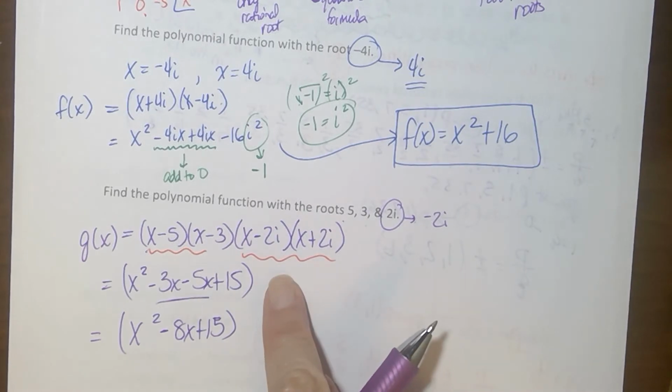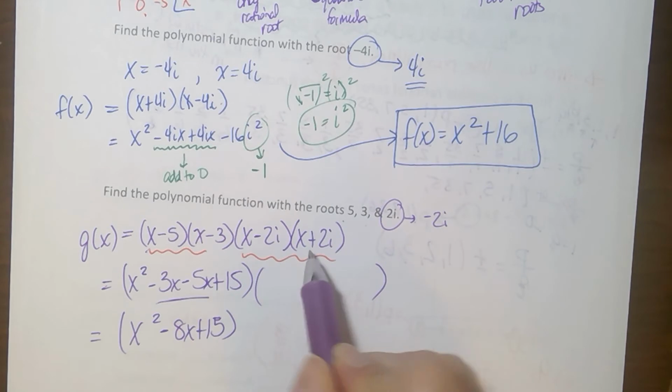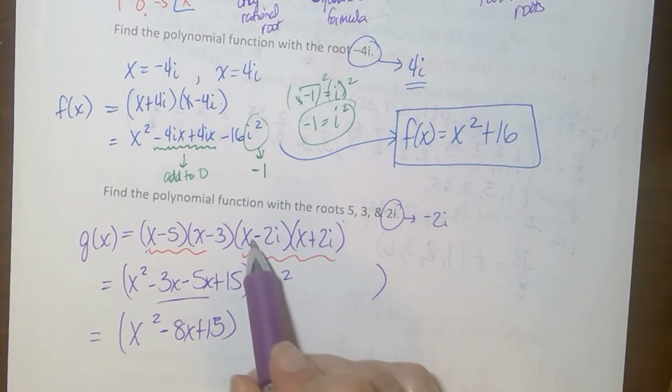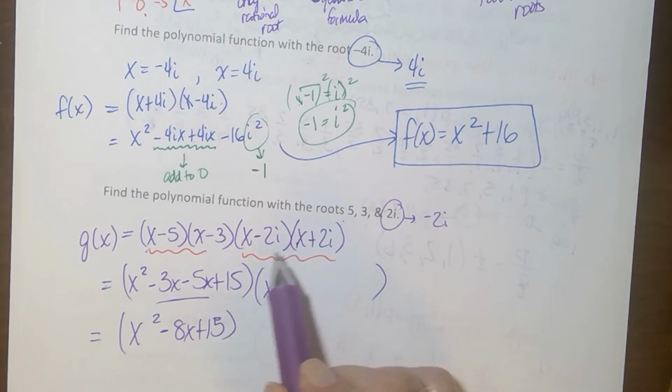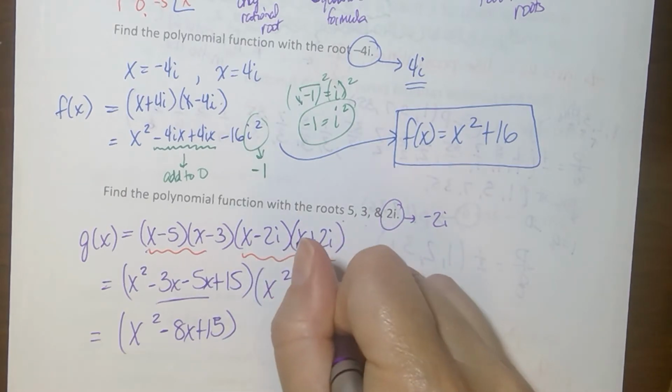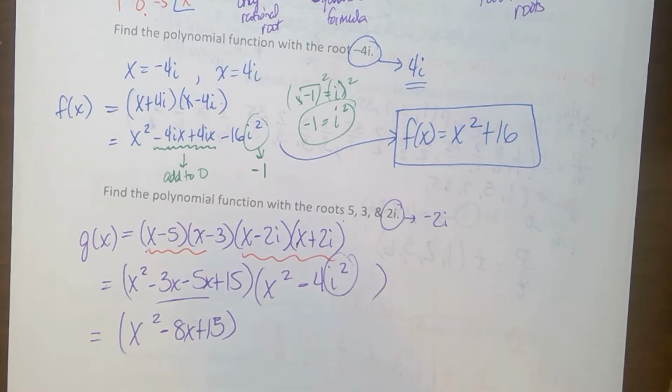Now let's look at our imaginary roots and FOIL those. X times x is x squared. Remember that my outside and inside products are always going to add to 0, so I'm not even going to write that down. Then I have negative 4i squared, and my i squared is negative 1. So this is x squared plus 4.